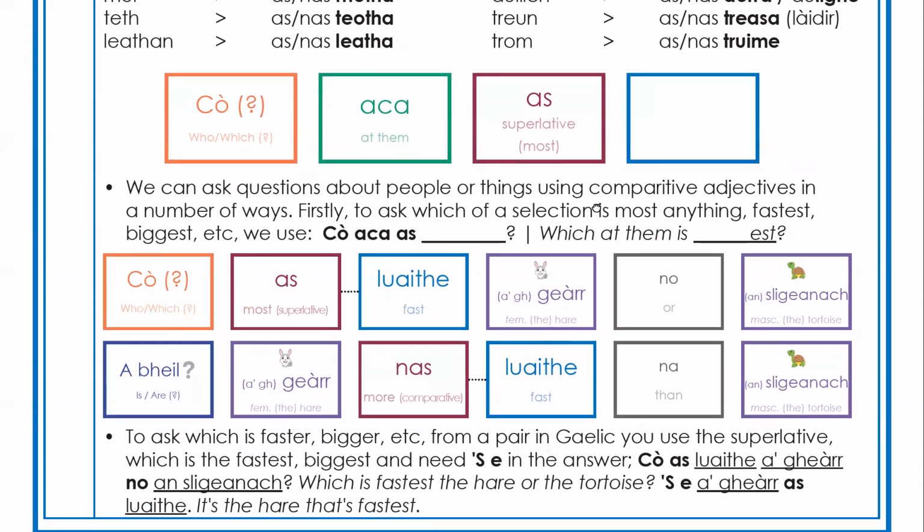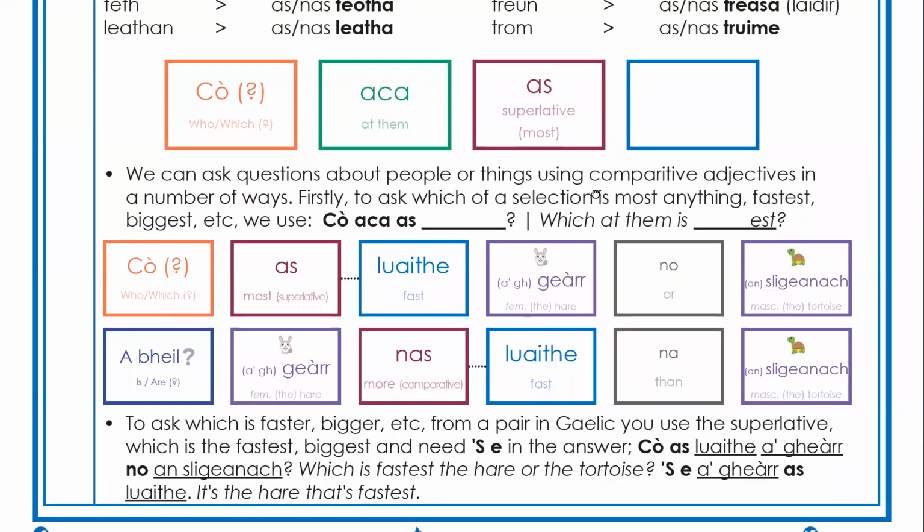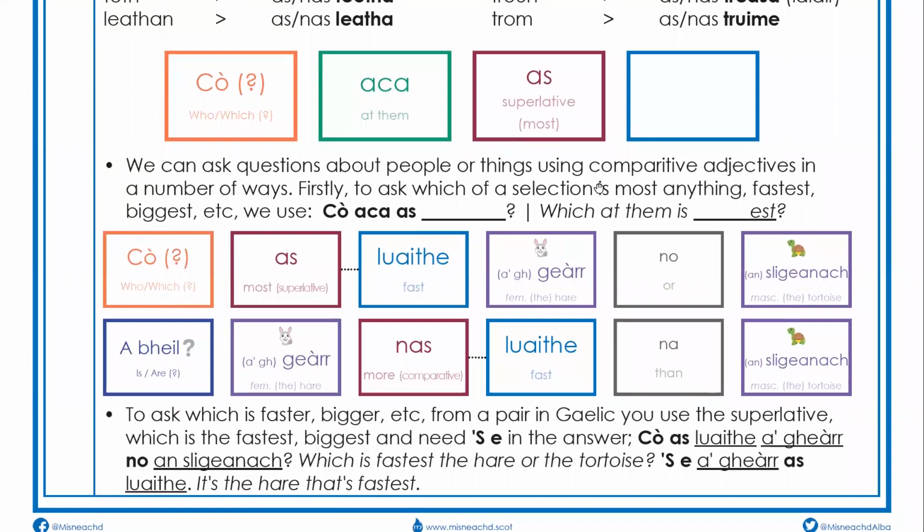So how do we ask about these? How do we ask what is bigger, faster? Comhachta as. So if we want to ask between things, which is the fastest, which is the biggest, then we use this. Comhachta as trimmer.